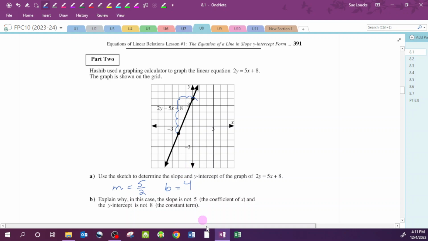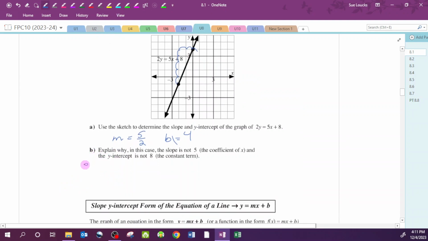Now, why doesn't this work? In the previous examples, the coefficient of x was the slope, but the coefficient of x here is 5. And our y-intercept is this constant, but it should be 4. So what's going on? Well, the answer to that is that the equation is not in the right form.